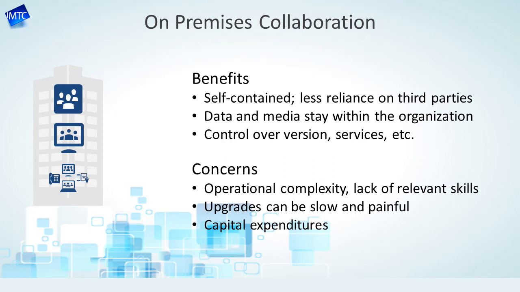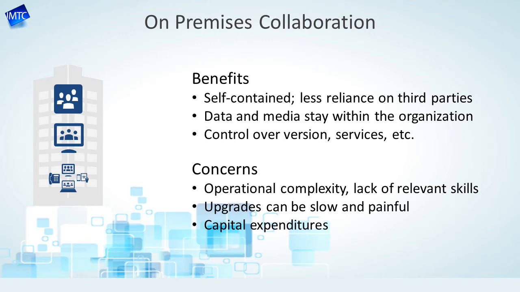So instead of maybe a per user per month charge like you might have with a cloud service, you may have years go by with little expenditure, and then the need for an upgrade or a forklift into a new environment can cause a large capital outlay. So some of those things are what's on people's minds when it comes to the trends in the industry and on-prem collaboration.